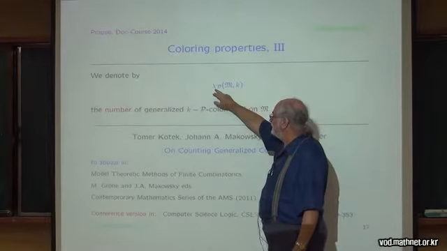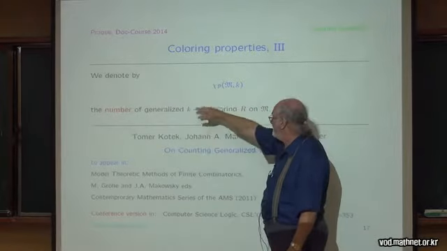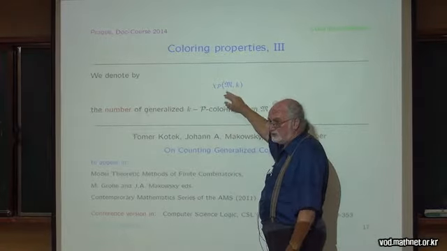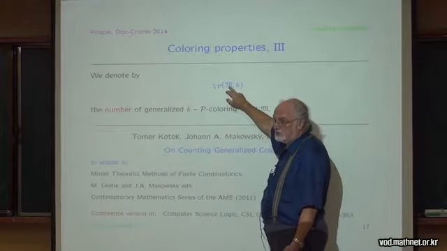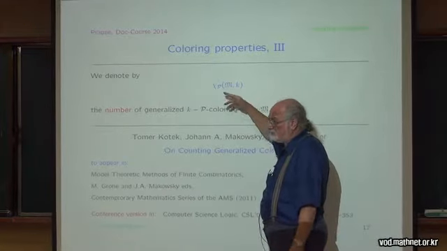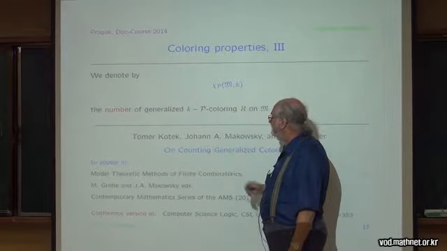First of all, we define chi of P, of pi in this sense, is the number of colorings with k colors, which colors the structure M, or the graph, if you want to label graph, whatever it is going to be.